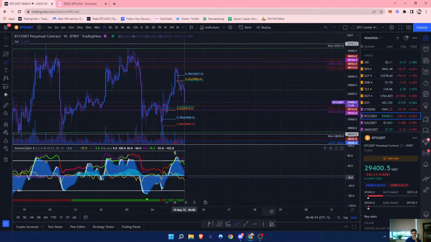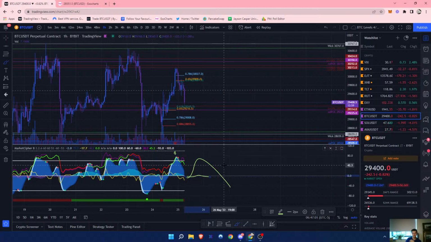Where we'll get a momentum wave coming up like that, and then money flow is doing close to nothing, just kind of going sideways for a while.